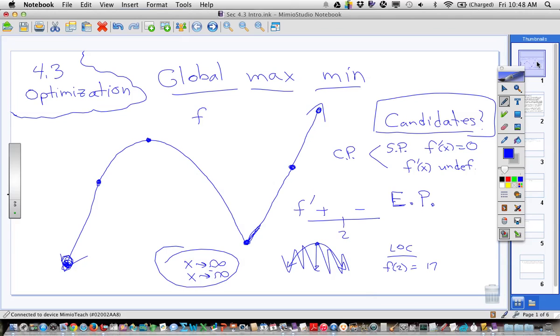You can work together if you want to, compare, talk to each other, help each other out. This isn't a quiz.